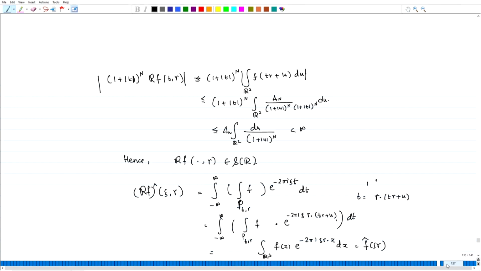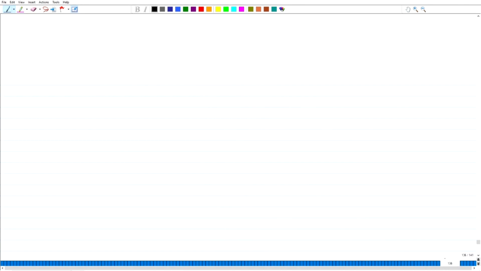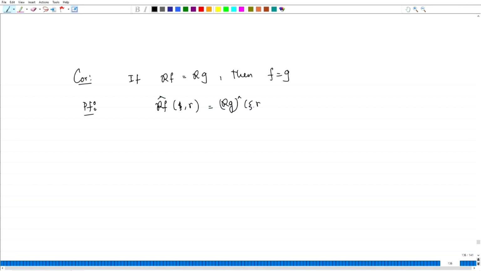Once we have that, one can easily see a corollary: if R f is equal to R g, then f is equal to g. The proof is the same, because R f hat at xi comma gamma is equal to R g hat at xi comma gamma.